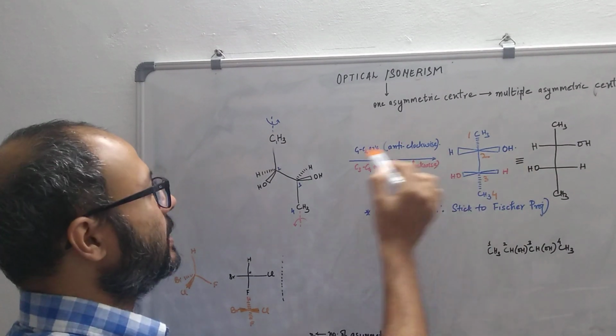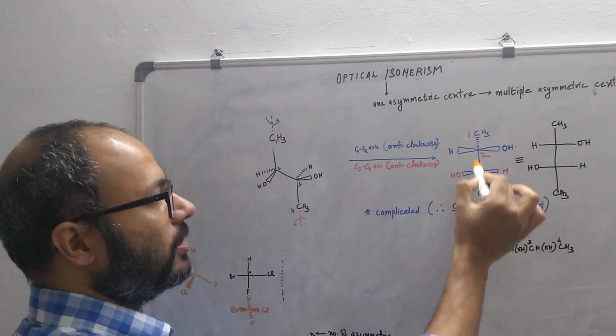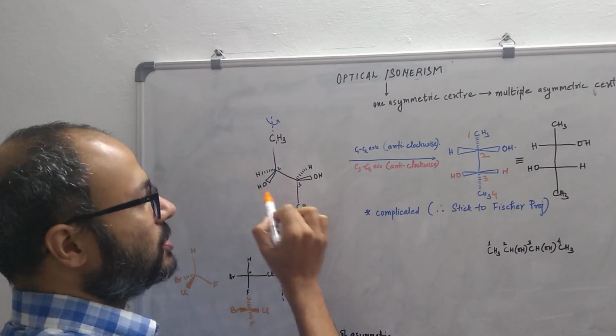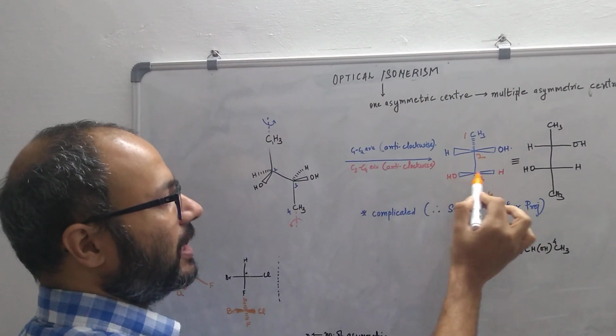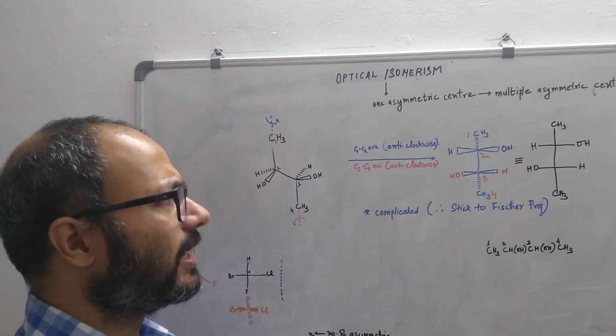What I did is I have kept the CH3s on the vertical sides, and these substituents are the ones that will be coming on the solid wedges. So how do we write the substituent?